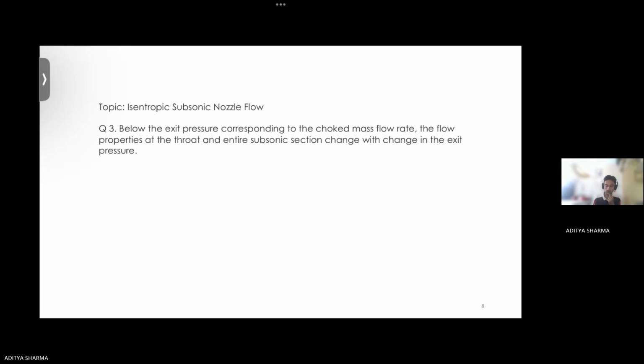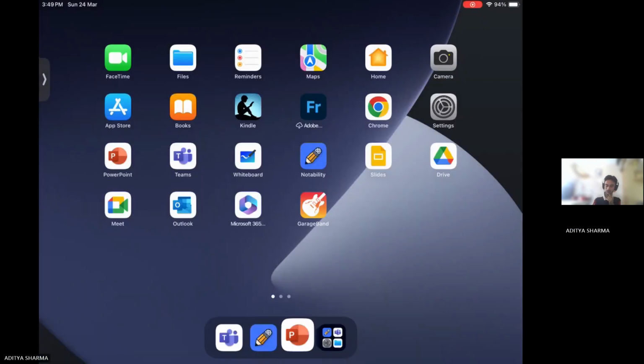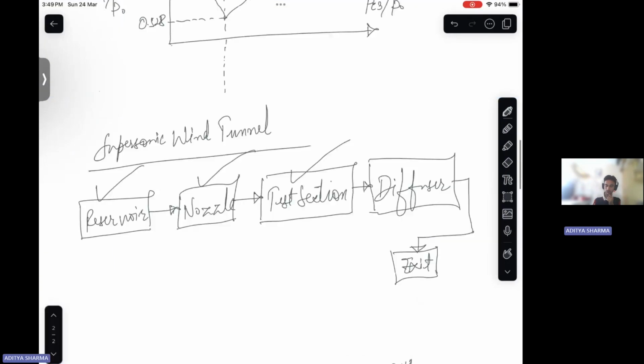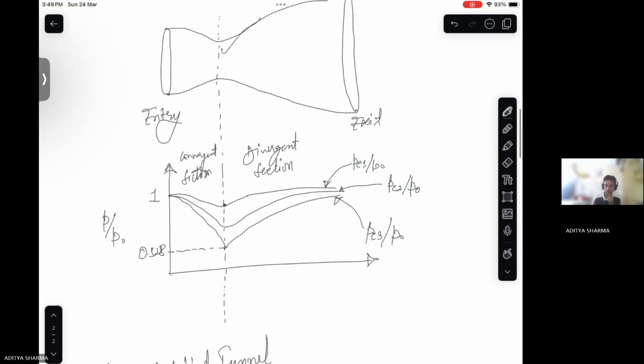So there is some exit pressure related to the choked case. If I show you this graph, here the 0.258 case is the choked case. We also know this from our previous knowledge.